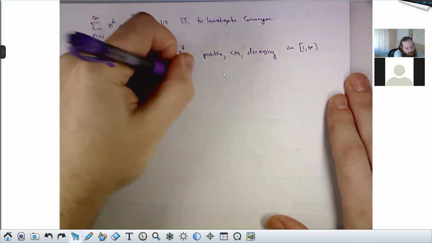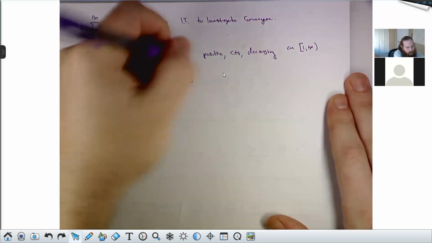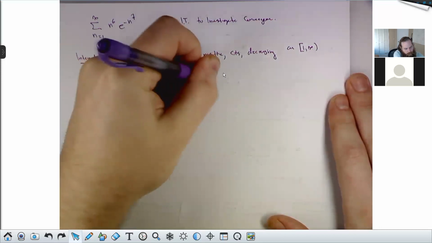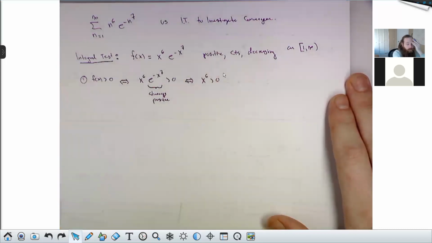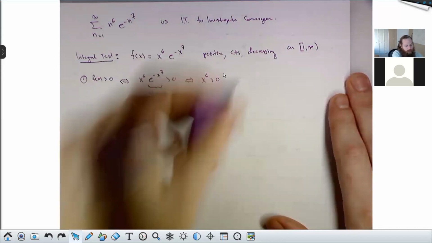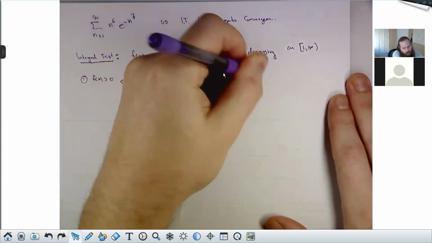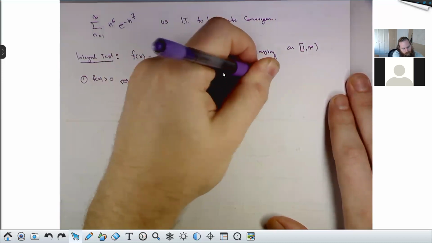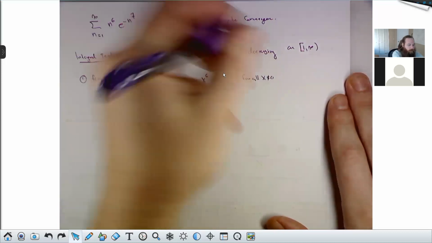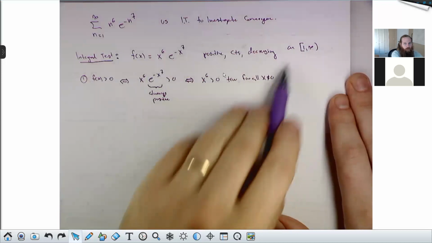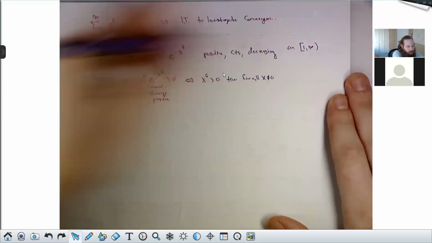So this is true as long as x to the 6 is greater than 0. And x to the 6, that's an even powered power function. This is also true for all x not exactly equal to 0. And in particular, it is true on the interval 1 to infinity. So we are happy with this.